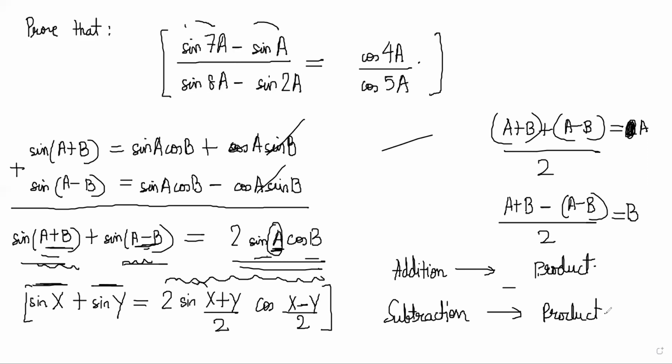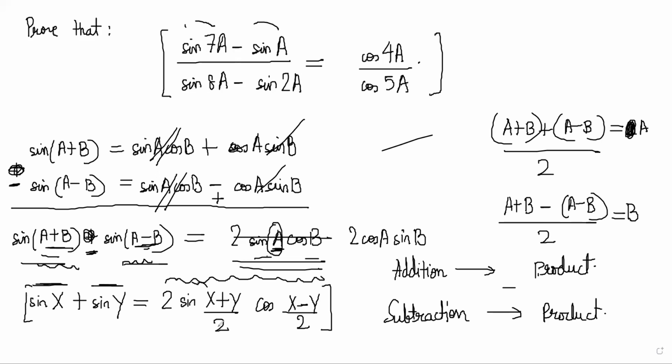So let's see how to do that. Actually, there is nothing different here. Just put a minus sign here. If you do that, this term gets cancelled and this term gets added. So you just get 2 cos A sin B when you do subtraction.